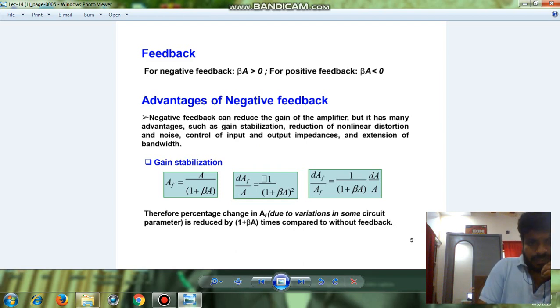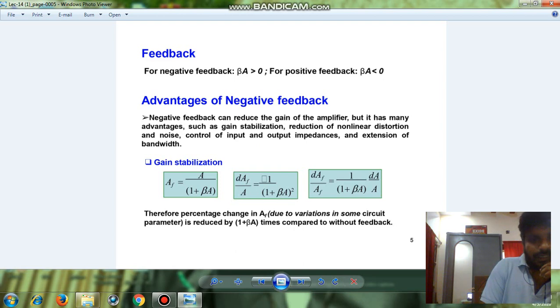There are many advantages of negative feedback. Some are listed here. Gain stabilization is one thing. AF is independent of the open loop gain A. It depends only on beta, the feedback network, which consists of fixed resistors. That's why gain stabilization is one of the advantages. Secondly, and most importantly, nonlinear distortion and noise can both be reduced after giving negative feedback.